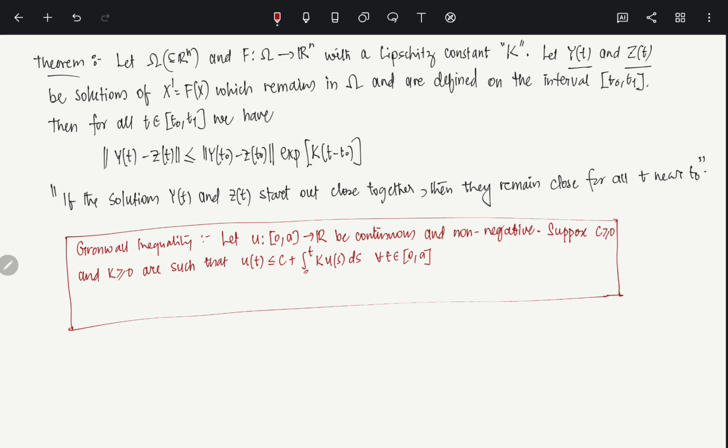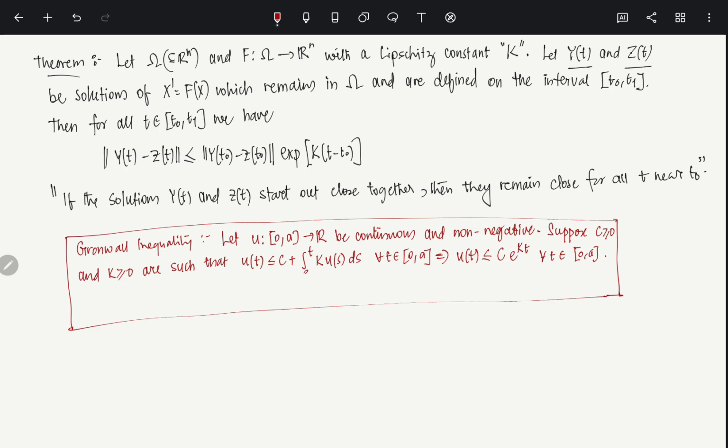That will imply that u(t) is bounded by c times exponential of kt for all t in [0,a]. I am not doing the proof, we have already talked about it, so I will skip that part.